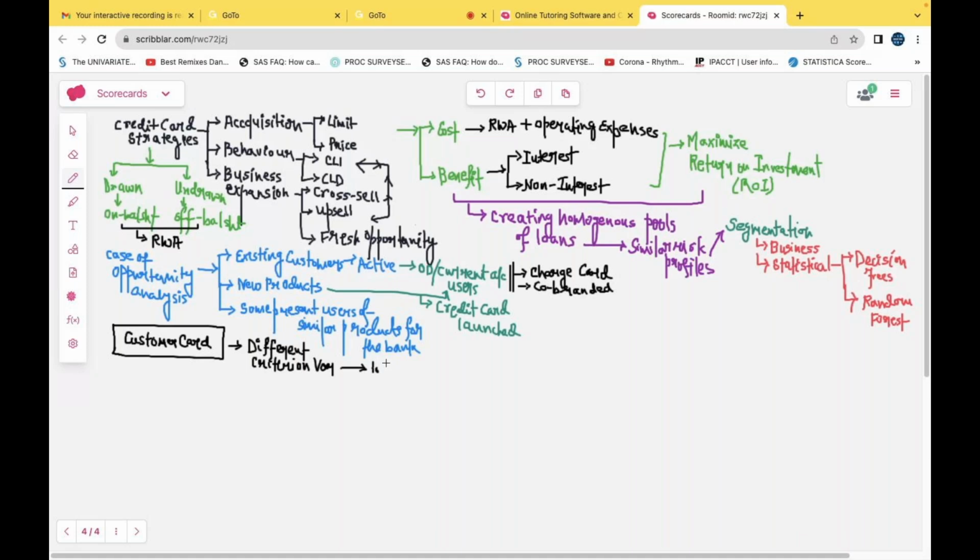The first is the riskiness of the borrower. Now the riskiness of the borrower is captured through a set of few things.